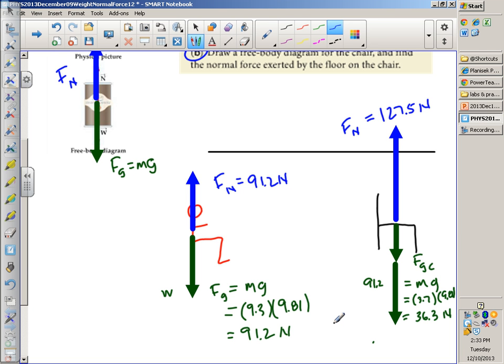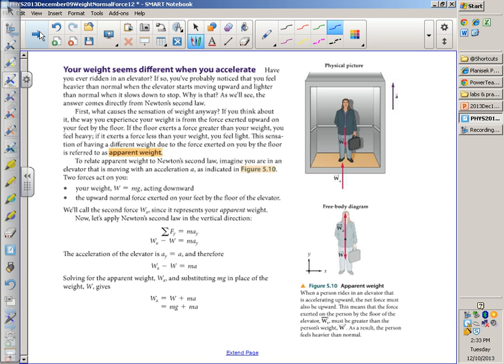Okay. The next page, some word stuff here that talks to you about something called apparent weight. All right, so let's do a little demonstration here. This mass right here is 500 grams, right?